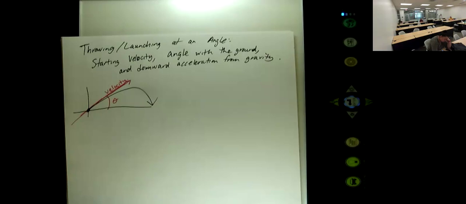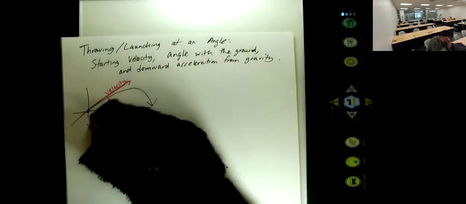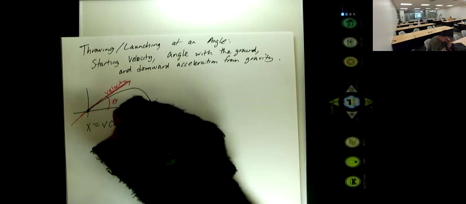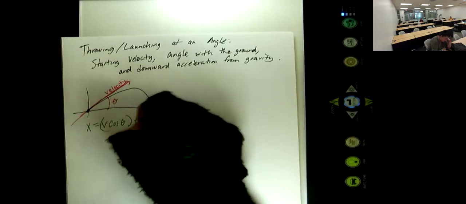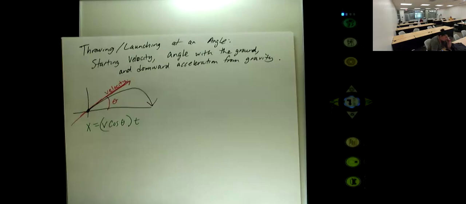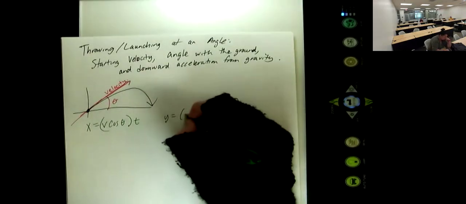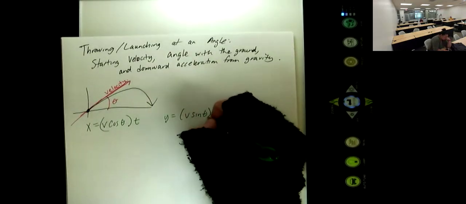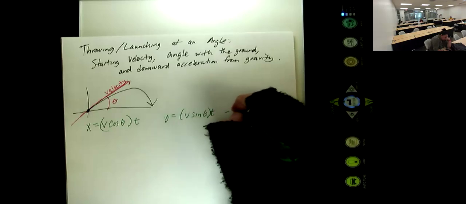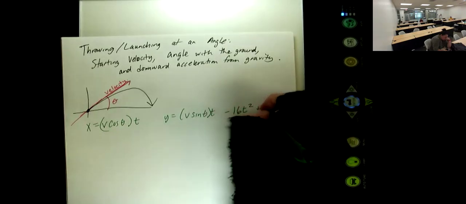The standard equations are: x equals v cosine theta times t, and y equals v sine theta times t minus 16t squared plus h.